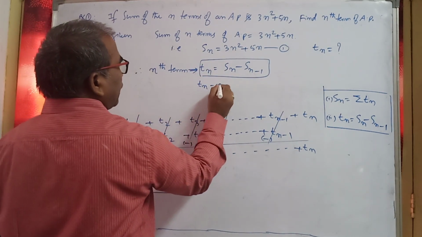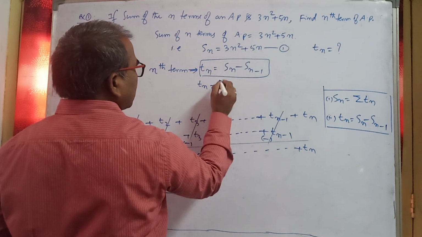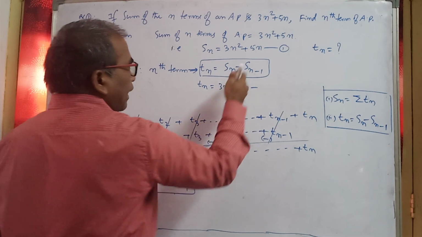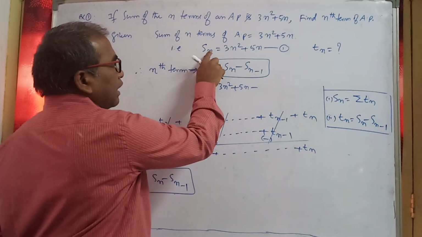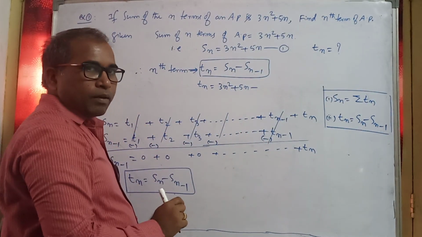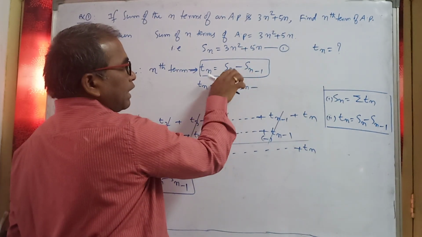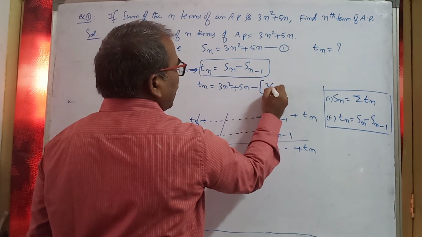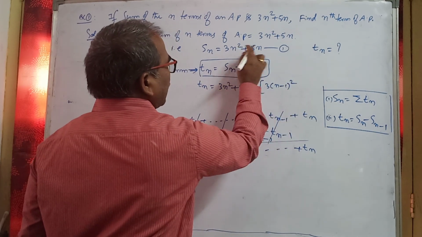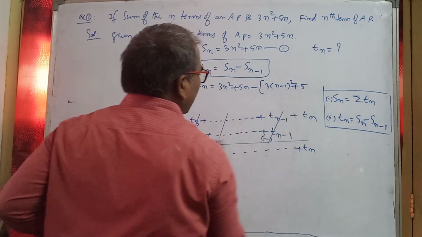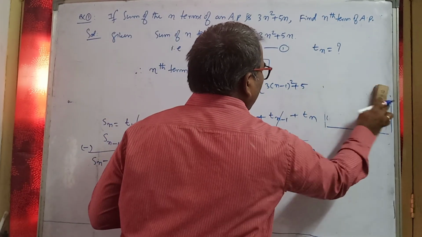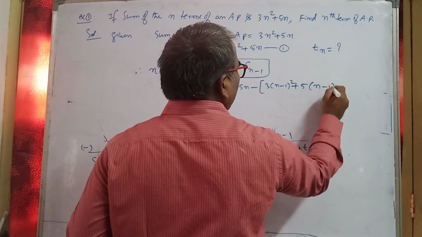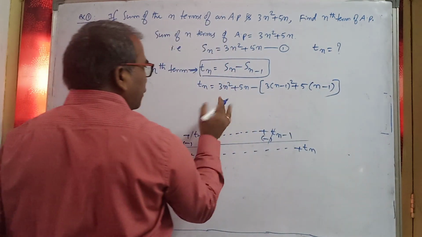Then substitute the values. Sn means this: 3n square plus 5n, minus S(n-1), the same expression but with n replaced with n minus 1. Remember, earlier it was n, now n is replaced with n minus 1. So 3 into (n minus 1) whole square, plus 5 into (n minus 1). After this simplify, you will get the result.